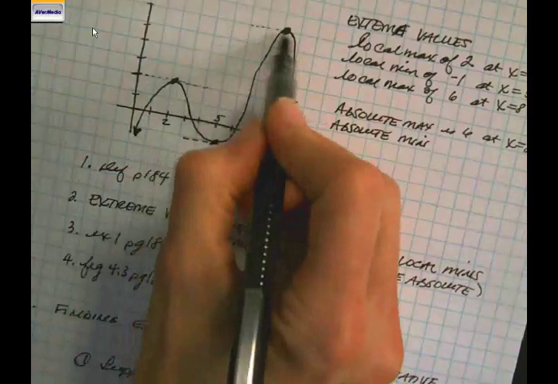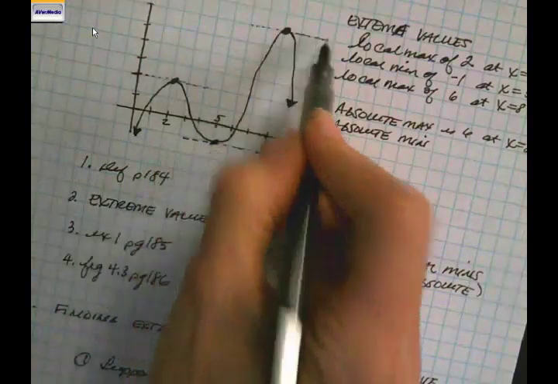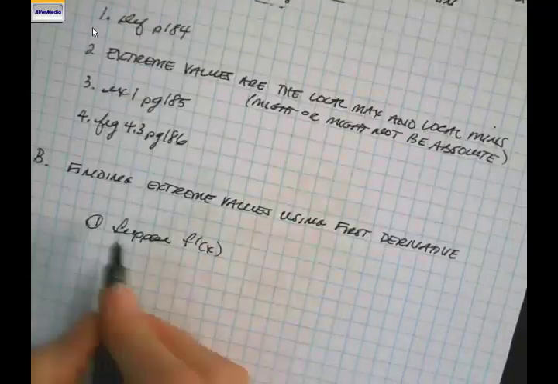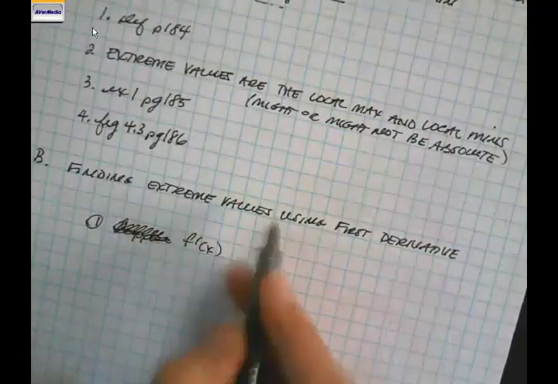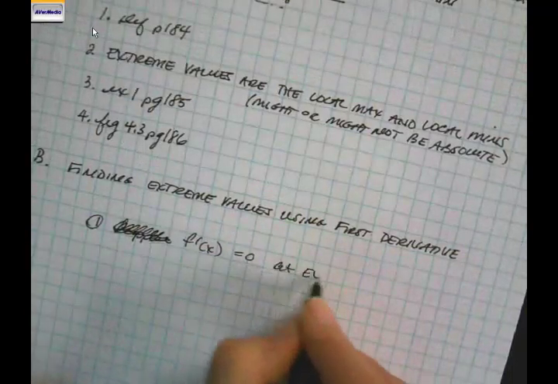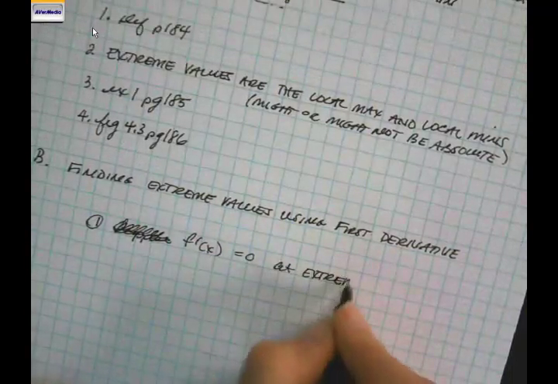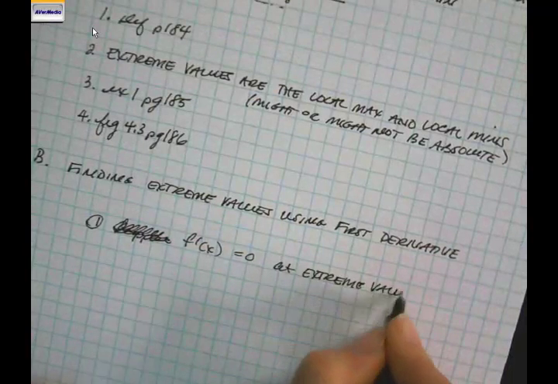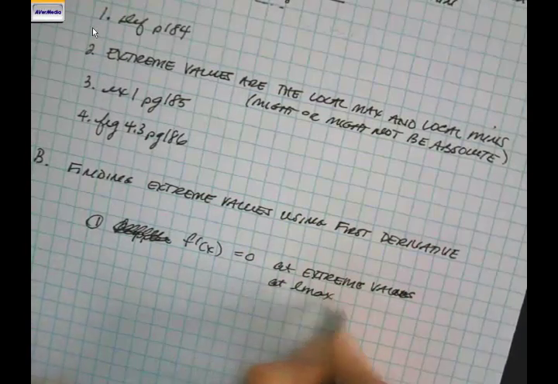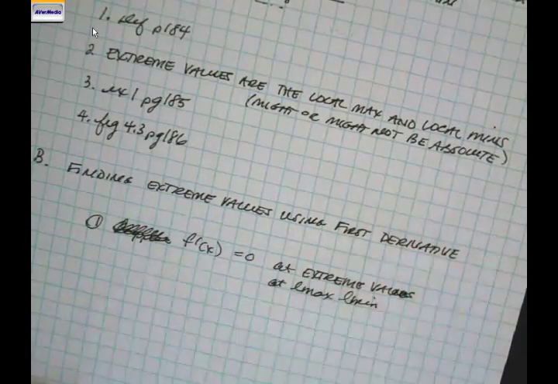Here, the slope of your tangent line, which is the first derivative, would be a horizontal line, and that slope would equal 0. So the first derivative should equal 0 pretty much at your extrema, at your extreme values, at your local maxes and local mins. Okay.